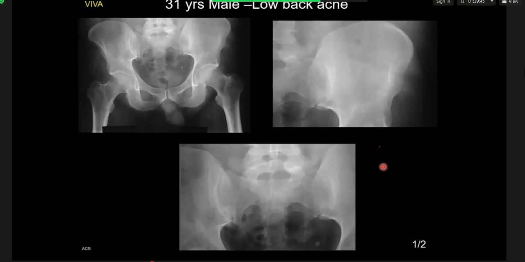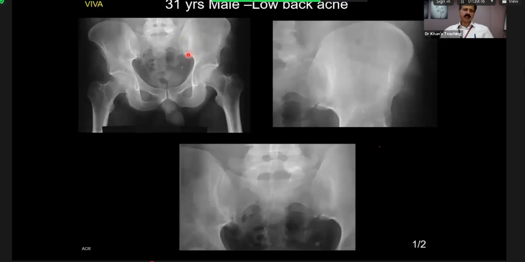That's the frontal projection of the hip joint and the cone view of the left sacral region, in which there is involvement of the, yes, I can see there is sclerosis of the left-sided sacroiliac joint. Okay, you have picked up sacroiliitis, bilateral asymmetrical, more marked on the left side.